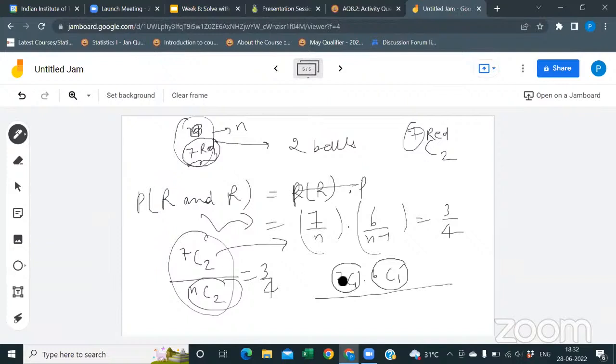If you are doing 7C1 into 6C1, that means 7C1 divided by NC1 into 6C1 divided by N minus 1 C1. Got it? Yes, sir. It means you are choosing the first ball out of N, and the first ball as red from the 7, and the second ball out of the remaining N minus 1, and one ball from the remaining 6 balls, which is the same as this one. Got it? Yes, sir.